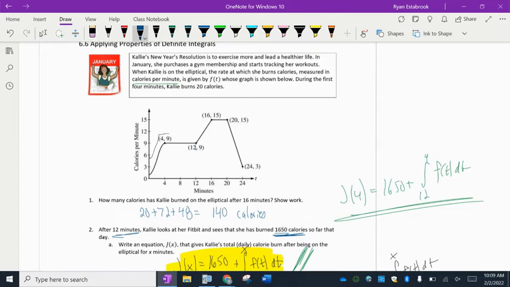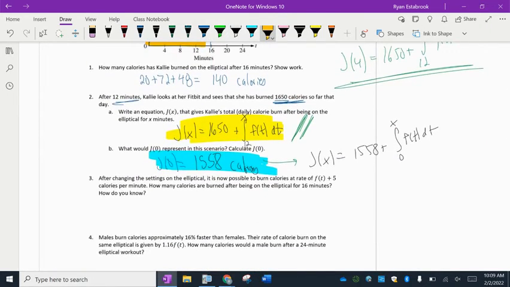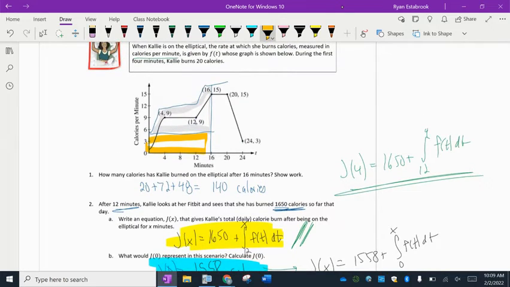So the whole thing went up again. We're only going to 16. So this region, we had all of those numbers before, plus what would this area be down here for the question we're actually being asked, going from 0 to 16 minutes? 5 times 16, so 80.